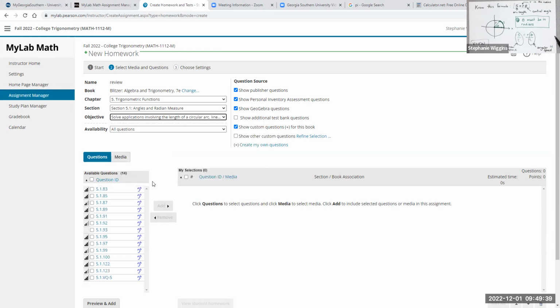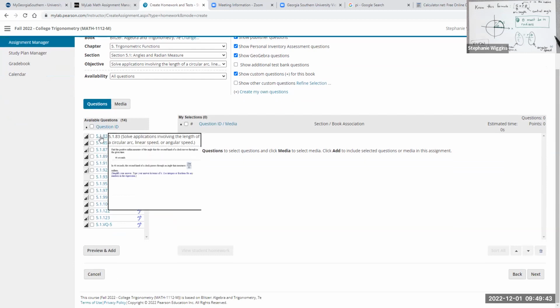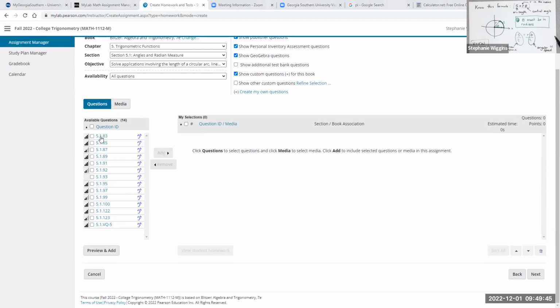There we go. Okay. All right. So here we have a good example. Find the positive radian measure of the angle that the second hand of a clock moves through in the given time, 18 seconds.